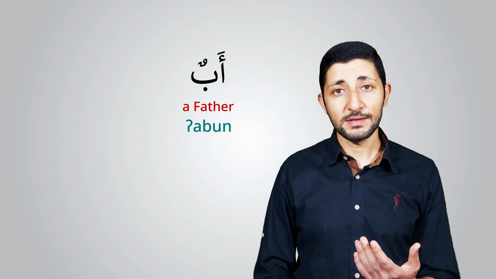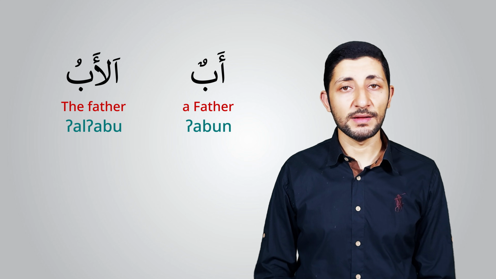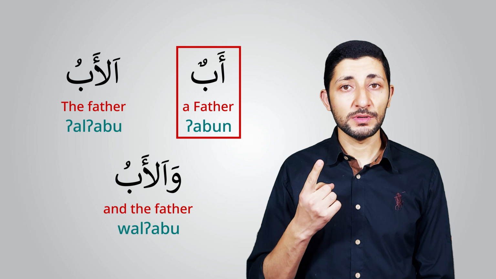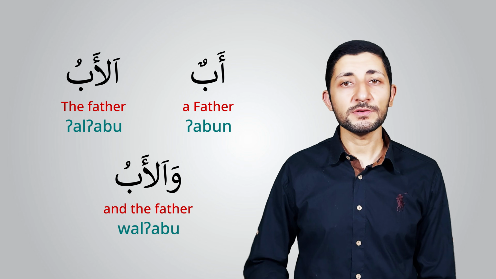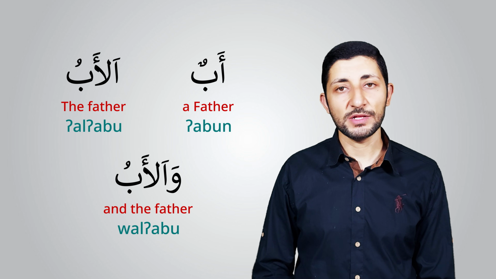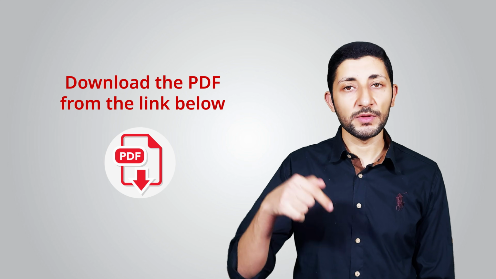Now add al, al-abu, then add wa before al. Wal-abu. So, abun, al-abu, wal-abu. And pay close attention to the alif and lam in each word to hear the pronunciation changes. The tables are in the PDF slides you can download from the link below the video.